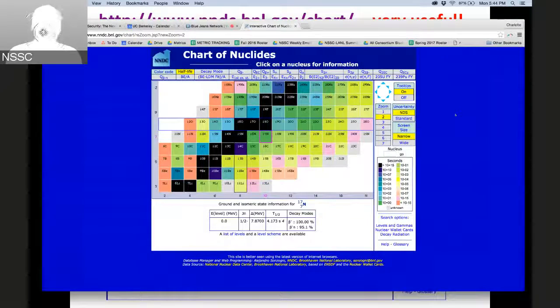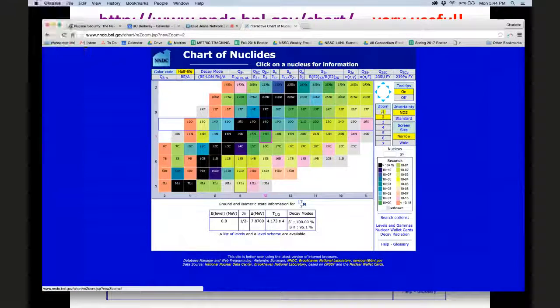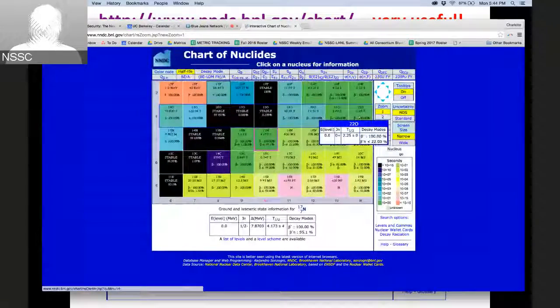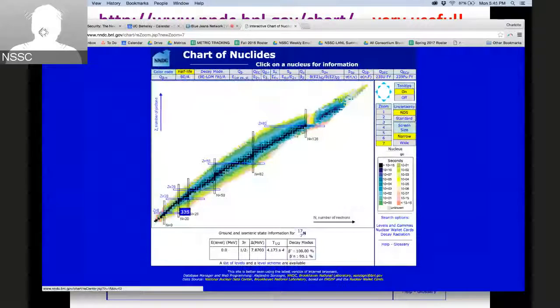Now here's something interesting. Let's go to mass 29 just to make this a little bit easier. Here's aluminum 29. Notice the mass excess here is minus 18 MeV. If I go to silicon 29, it's minus 21.